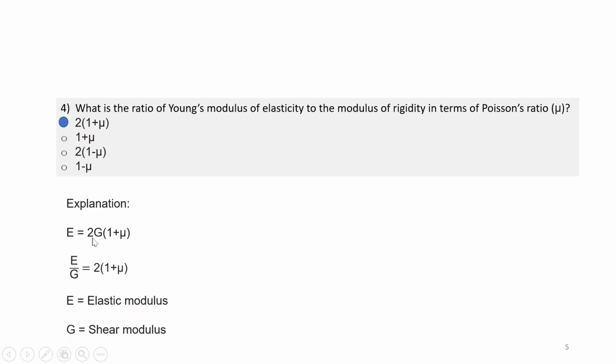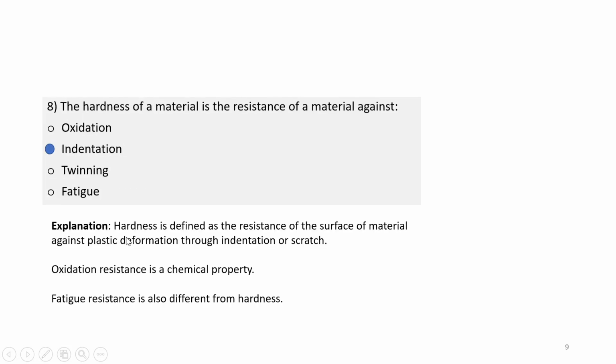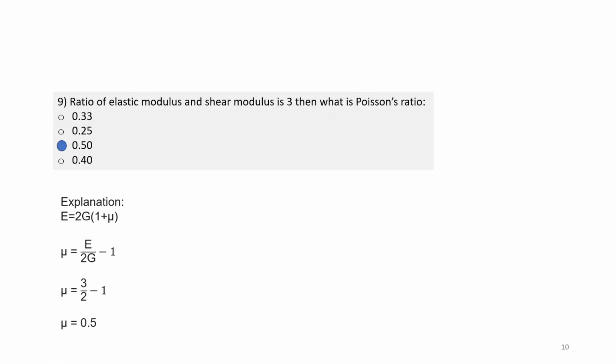So you are given value of E upon G, so you have to find out value of mu. Okay, so you can easily calculate this. So you keep mu at one side, and then E upon G value is given 3. So 3 by 2 minus 1, the correct answer will be 0.5.